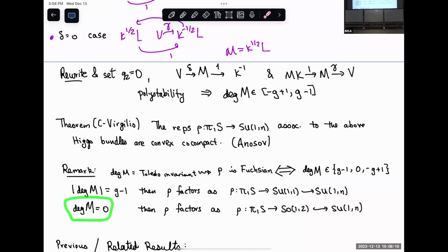And the other example occurs when the degree of M is 0. This is the case where you factor through the other hyperbolic disk, which is Lagrangian. Well, I guess in CH^2 it is Lagrangian, but whatever. This means you go from the fundamental group into SU(1,2), which you then include into SU(1,n) in a standard way. And for all other values of the degree, these representations are not Fuchsian. So you have no reason to expect them to be Anosov from before.